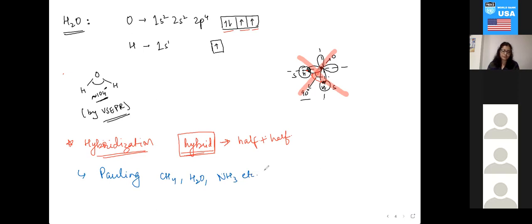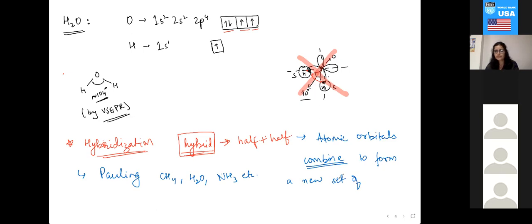Okay, slightly more complex molecules. So the point of hybridization is that atomic orbitals combine to form a new set of orbitals.